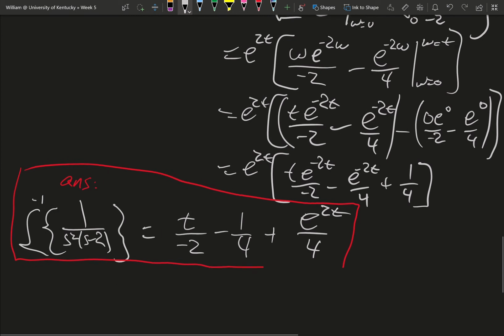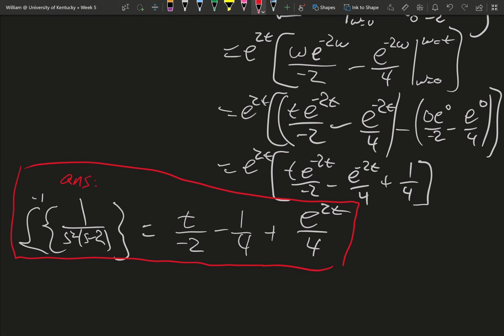Okay, so note you could compute this a different way by just computing a partial fraction decomposition. One thing to note here is if we tried to do that, we would have A over s squared plus B over s plus C over s minus 2.